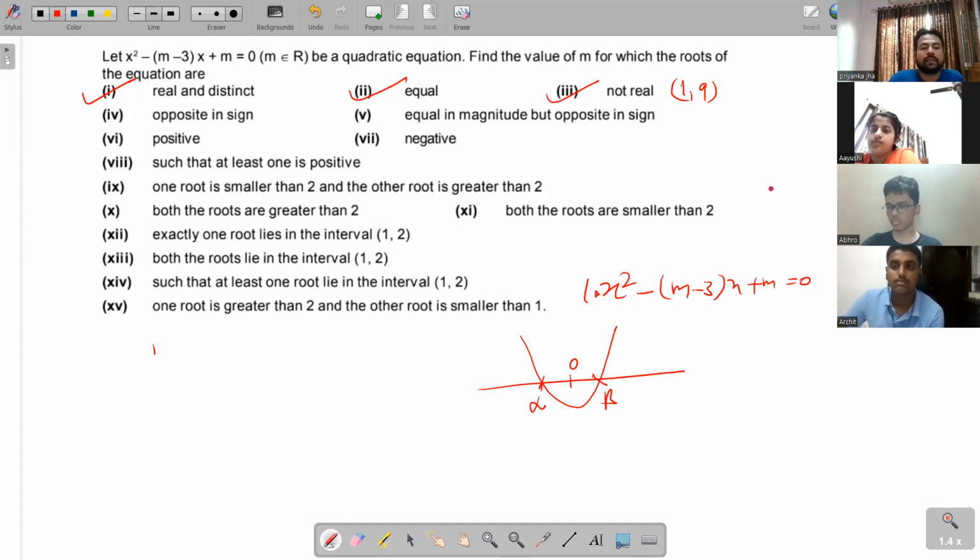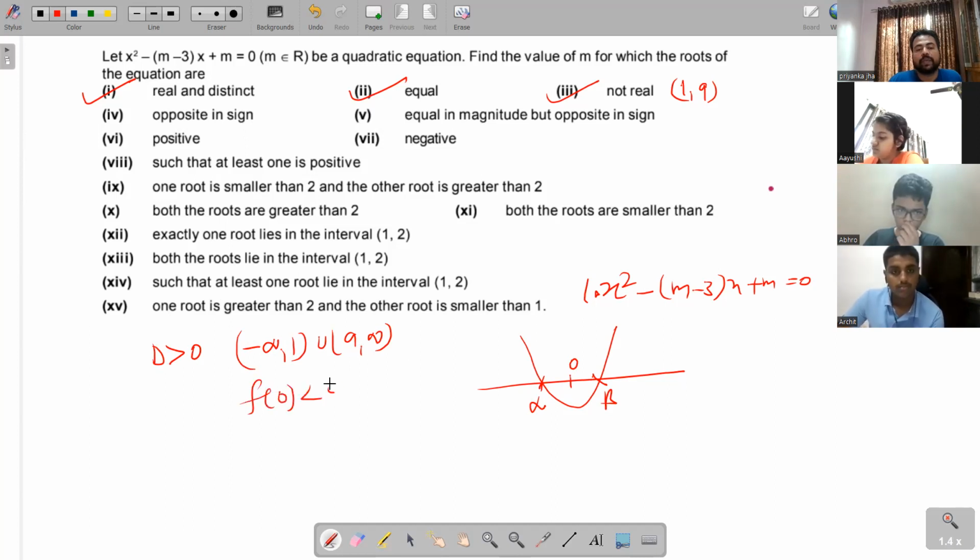Means one thing you can apply: discriminant greater than 0, because it can't be equal to 0, because these two are distinct roots. So discriminant has to be greater than 0. So m will lie between this interval, just as we found. And then the graph lies below x-axis at x equal to 0. So f(0) has to be less than 0. Correct? This is the only thing that you can apply.